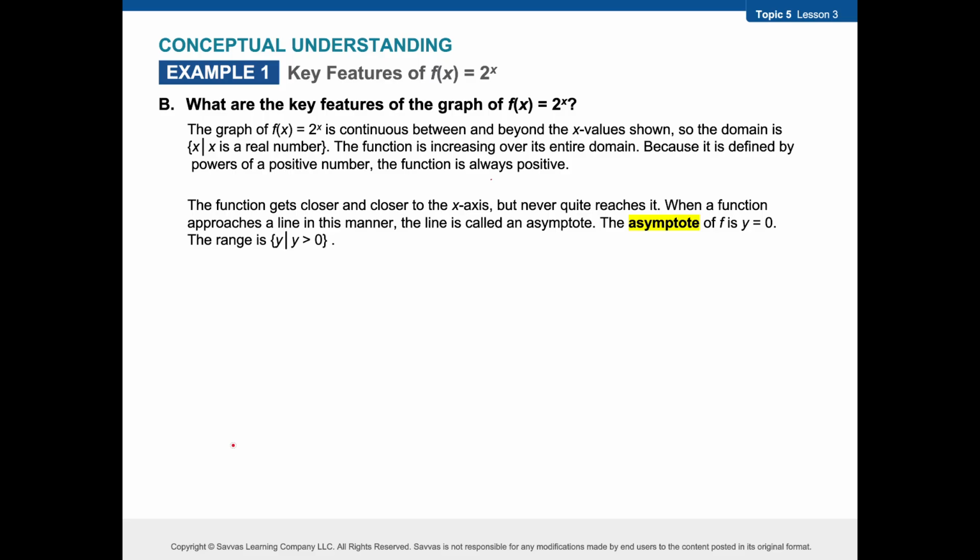The function gets closer and closer to the x-axis but never quite reaches it. So when a function approaches a line in this manner, the line is called an asymptote, and the equation of this asymptote is always y equals 0. And again, the range is all values of y greater than 0.